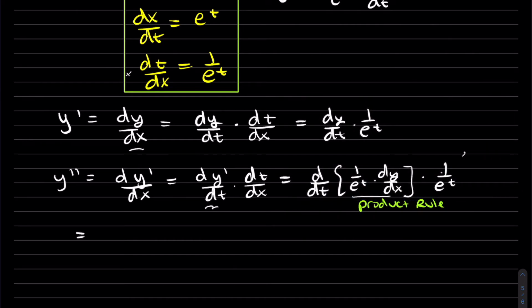And I'm going to write this first, 1 over e to the t first. So it's 1 over e to the t times, copy that. I'm supposed to just copy this from here. Yes. Plus, I take the derivative of this, chain rule it, that becomes a minus.